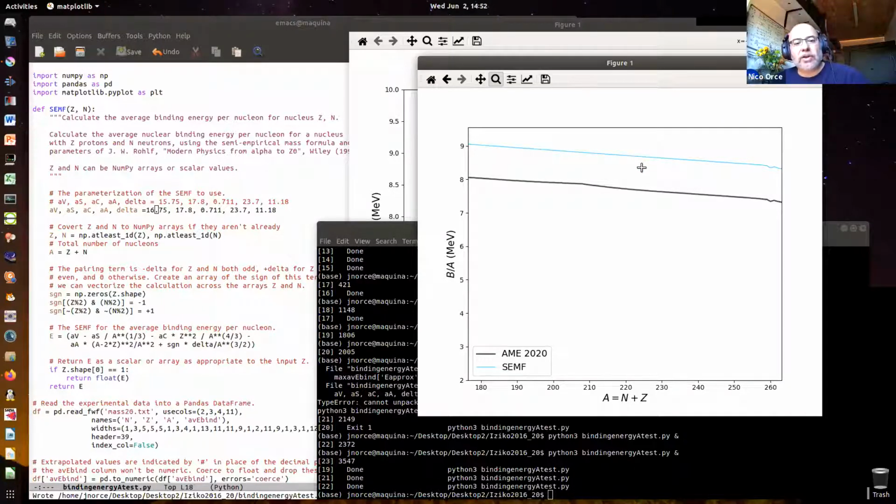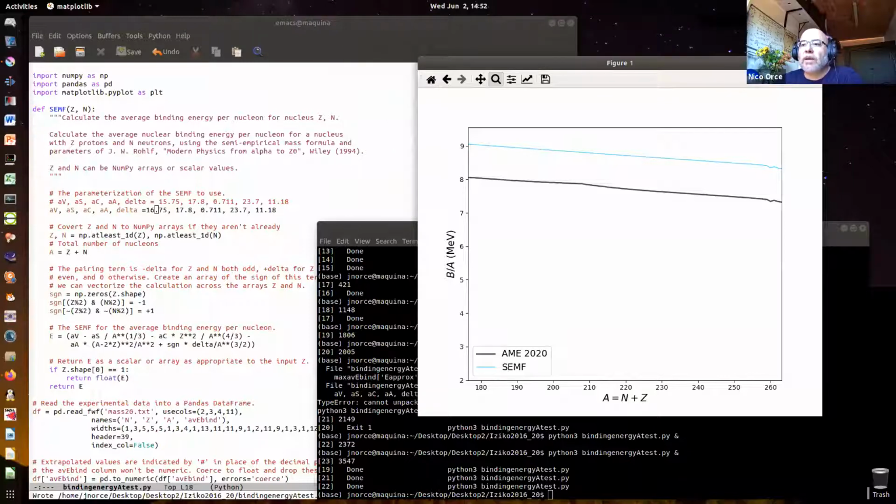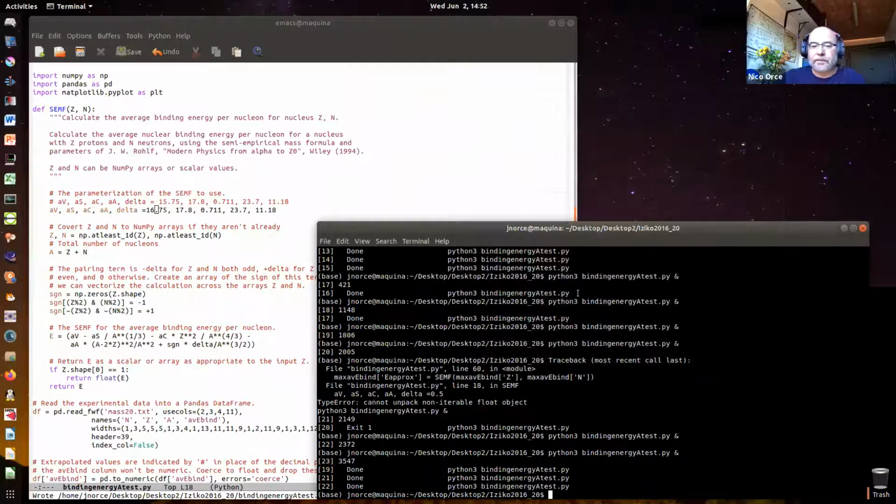Now, if we assume that the binding energy is larger because the range of the nuclear force has increased, well, with this Python script, you can actually play around and exactly pin down how it will change the situation if we increase the range of the nuclear force. But not only that, we can do lots of things. We can play with the different parameters.